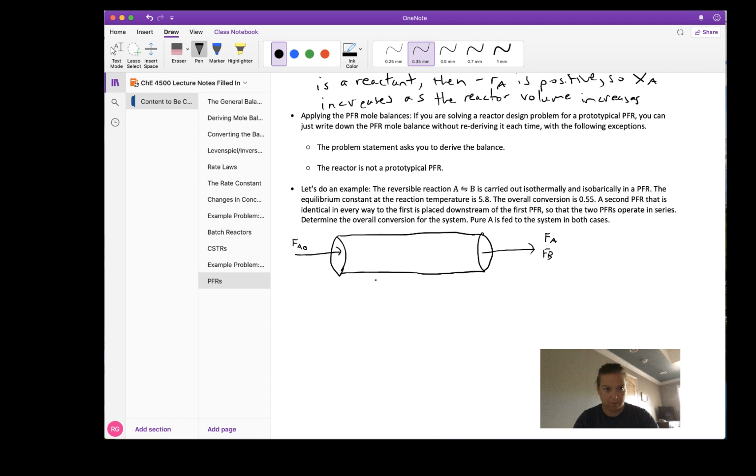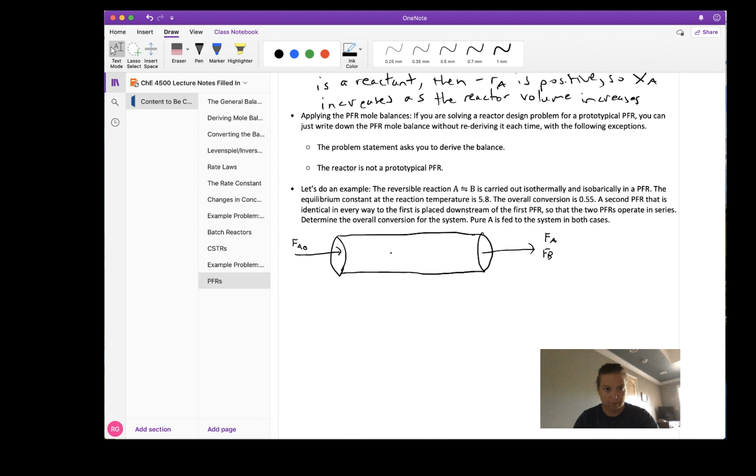So this is the length of the reactor. We also said we could call this the volume of a reactor, since at any point along the length we could multiply by the cross-sectional area and get the volume. At any point along here, you can take a volume cross-section and we have perfect mixing within that cross-section. However, if you move to the left or the right even a little bit, then the concentration is going to be different.